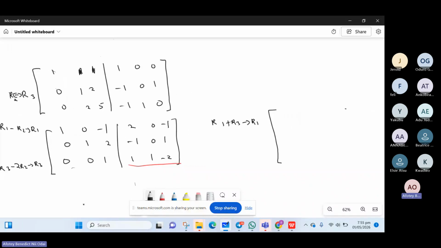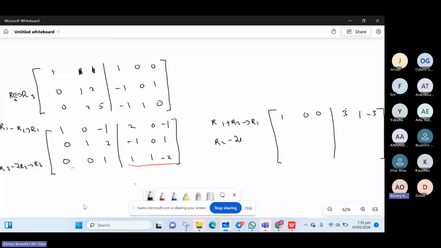So R1 plus R3 gives us 1 0 0, and we have this sign here, and 3 1 negative 3. Let's see, can we use R3? R3 is not changing, so we can actually eliminate these two over here. So we can do R2 minus 2R3.